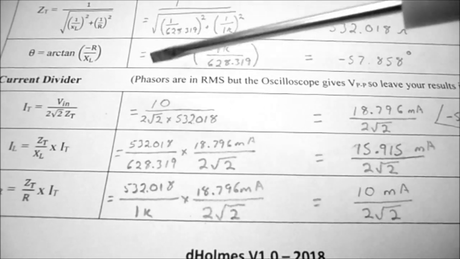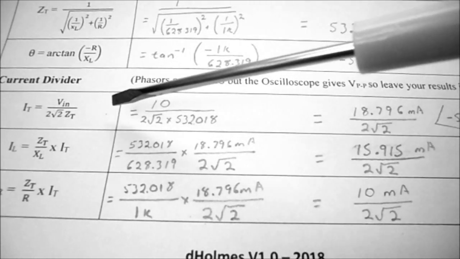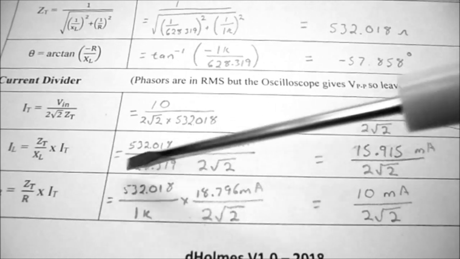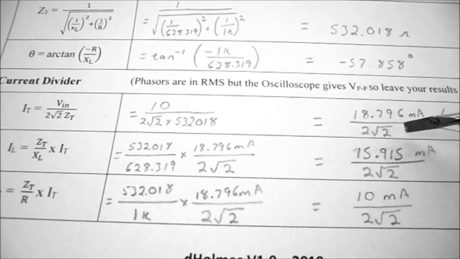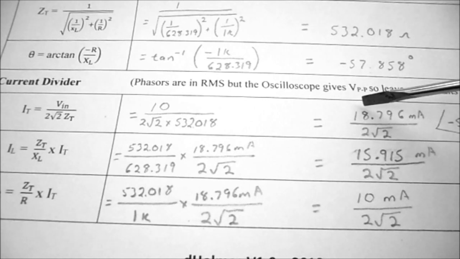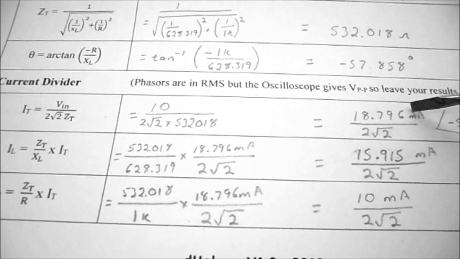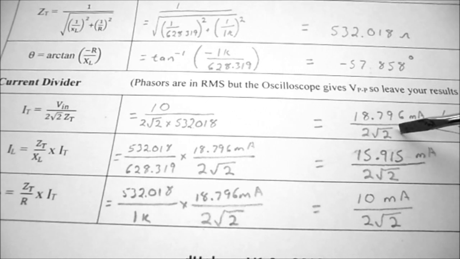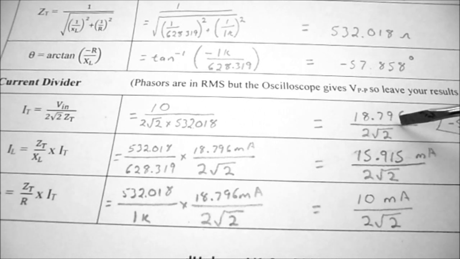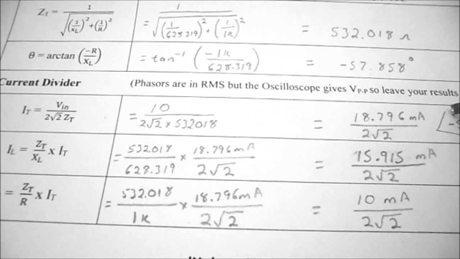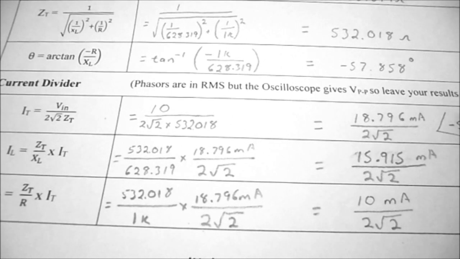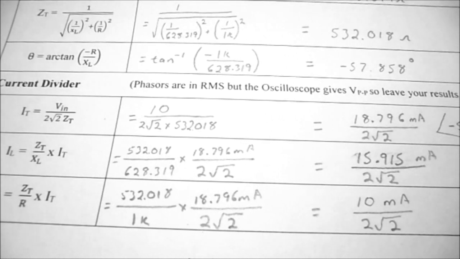Using the current divider rule, I have calculated IT, IL, and IR. So IT is going to be 18.796 milliamps peak to peak. I'm not going to convert it to 2√2 yet. And I should have a phase angle on it of minus 57.858 degrees.